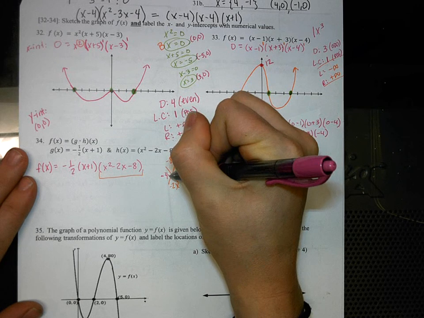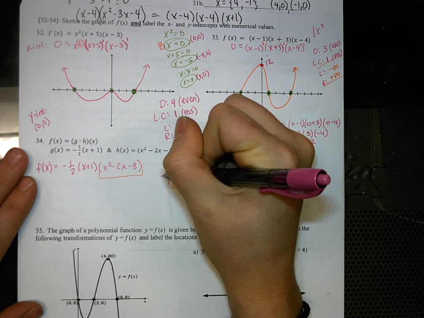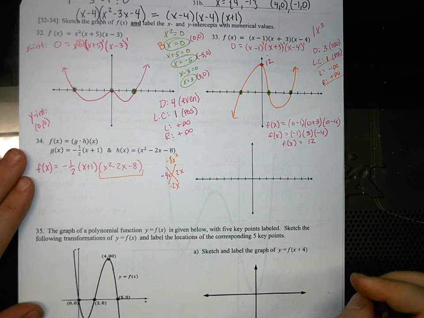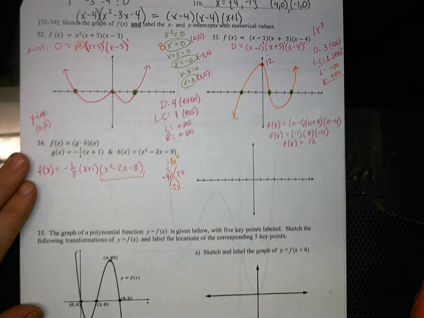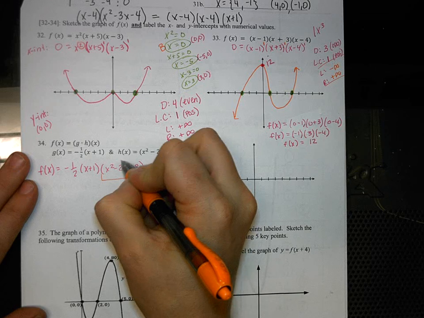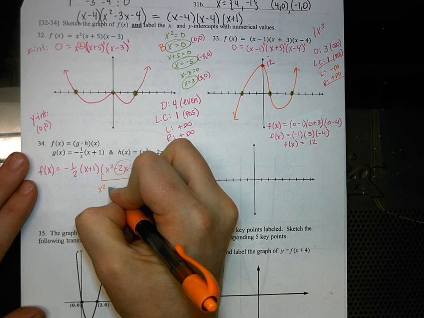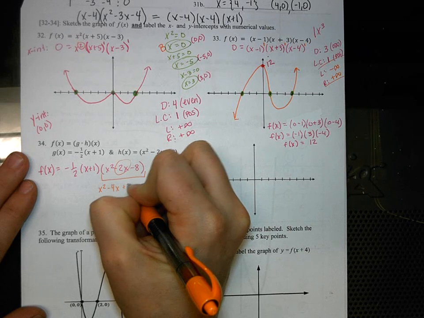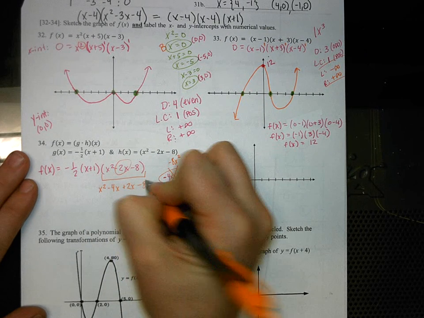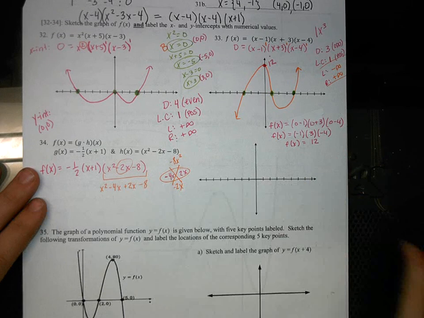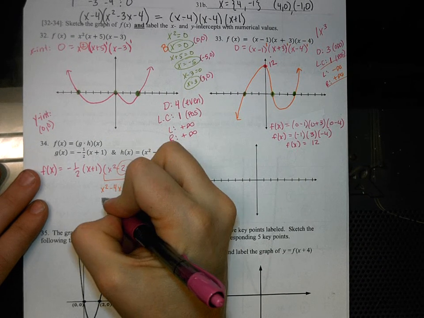Negative 4 times positive 2 is negative 8. Negative 4 plus 2 is negative 2. So I'm going to replace my middle term here with -4 and +2. So x squared minus 4x plus 2x minus 8. My two terms on the left-hand side, my greatest common factor is x, and I'm left with x minus 4.